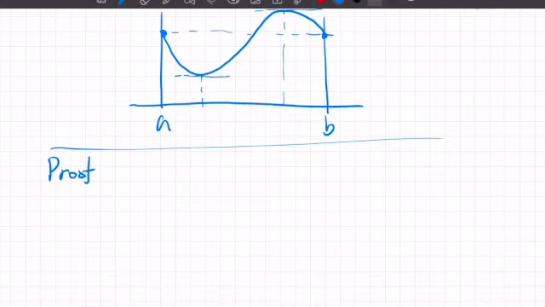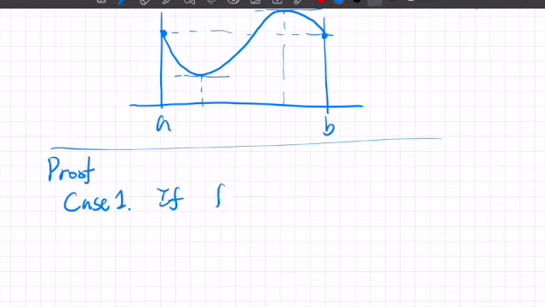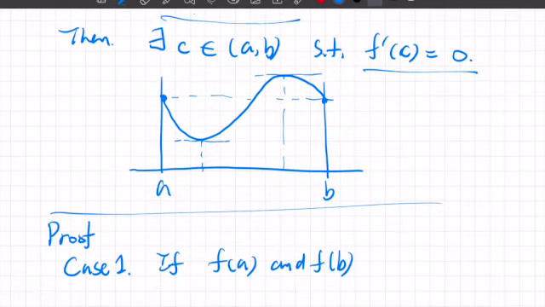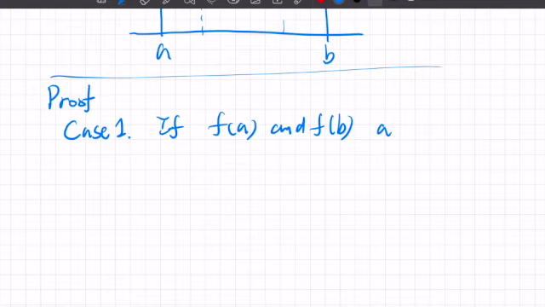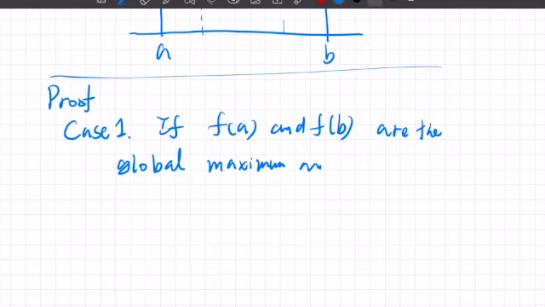Okay, let's prove this theorem, which is not too difficult. So first, case 1: if f of a and f of b have the same value by the given condition, the global maximum and global minimum occur at the same time.